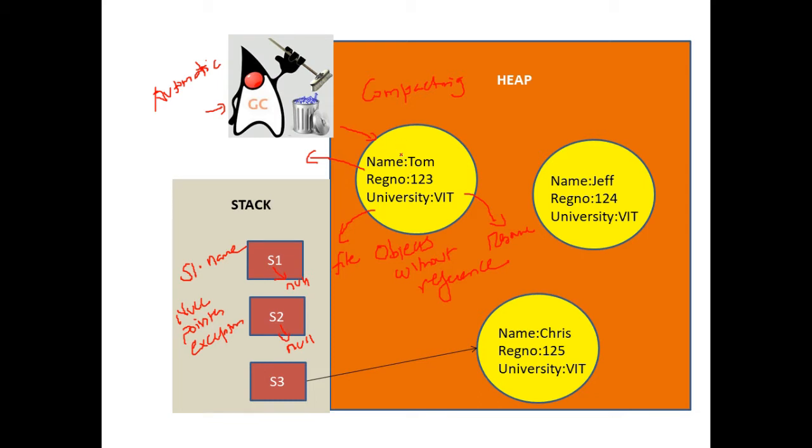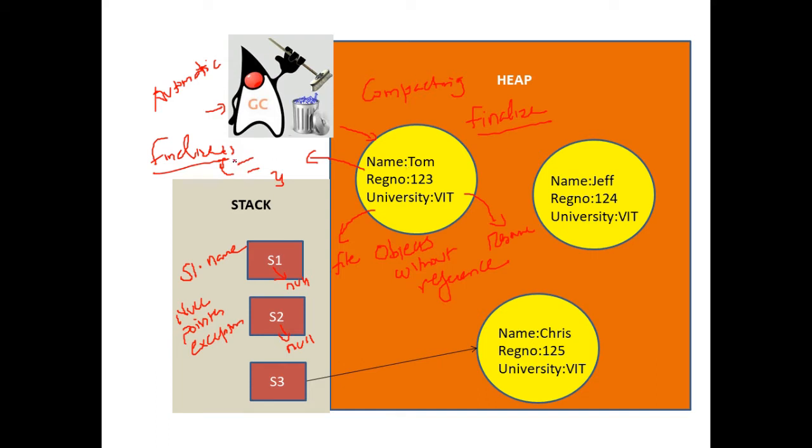That can be done by calling a method called finalize. I will write it here. What is this finalize method? Before a garbage collector deletes or removes an object from the heap, this method will be called. This method is part of the object, and all the code here can be aimed at releasing the resources before cleaning this object.